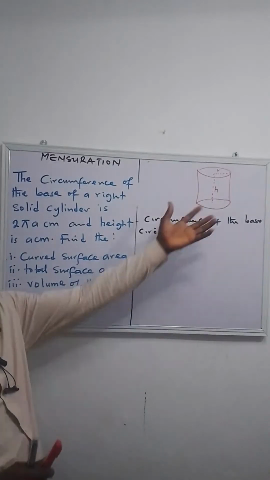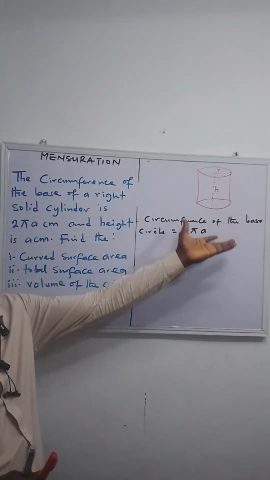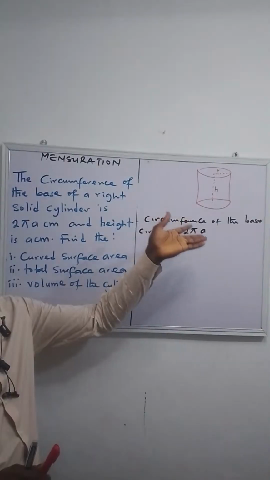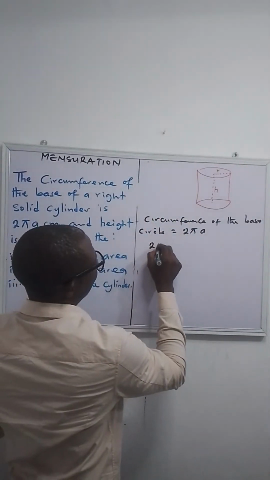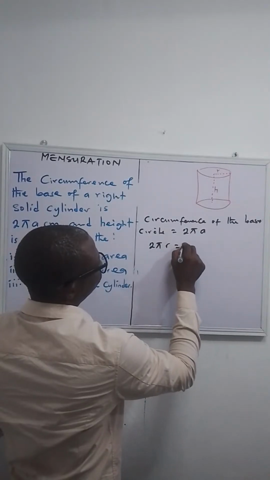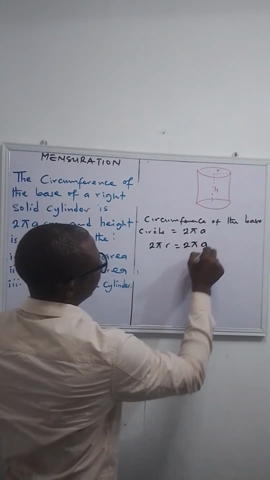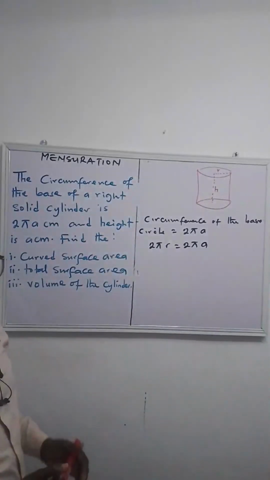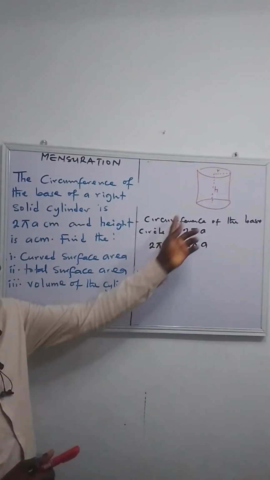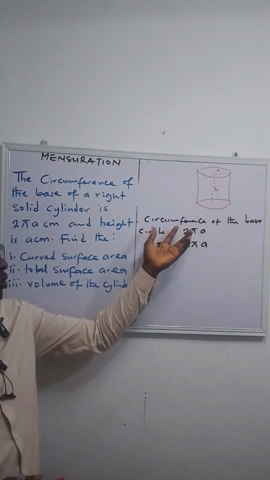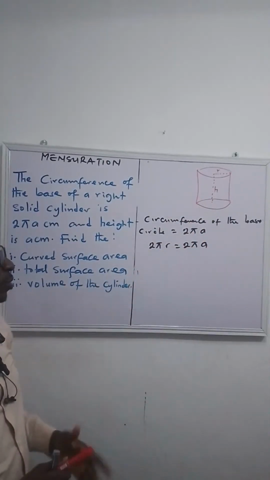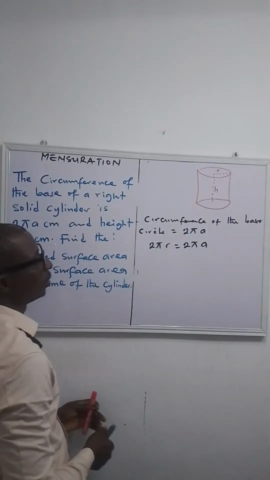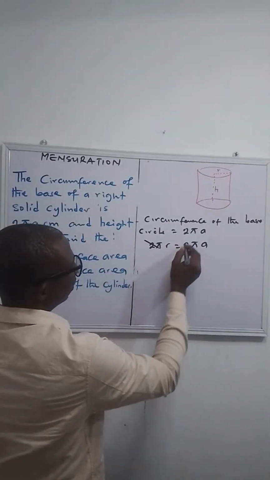Now, what is the formula for calculating the circumference of a circle? That is 2 pi r. So we now have 2 pi r equals 2 pi a. You get that? This is the formula for calculating circumference of a circle. So in the question, we are given the circumference of the circle to be this. So now what you are going to do is divide both sides by this.